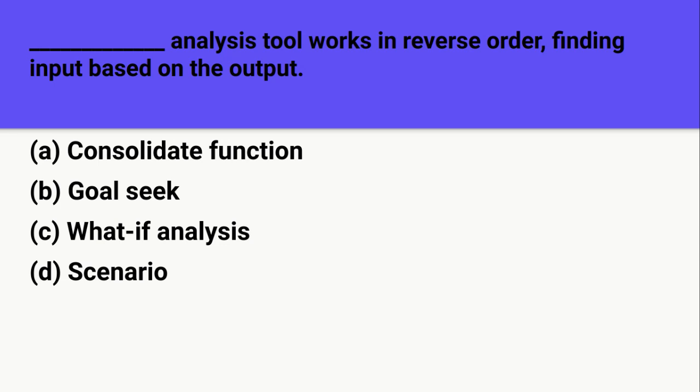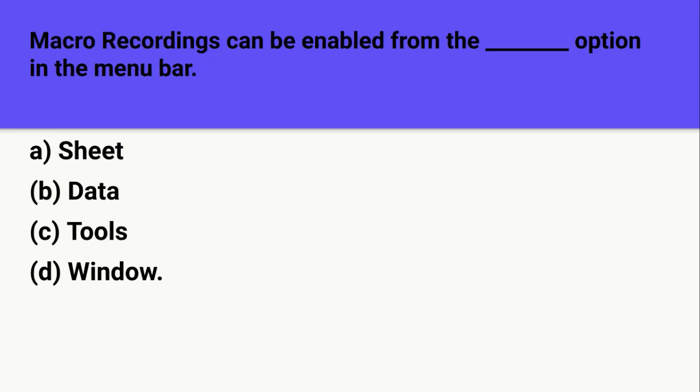What if scenario we are using like that, but in this case finding input based on the output. The answer is goal-seek. Goal-seek analysis tool works in reverse order. That means finding input based on the output.